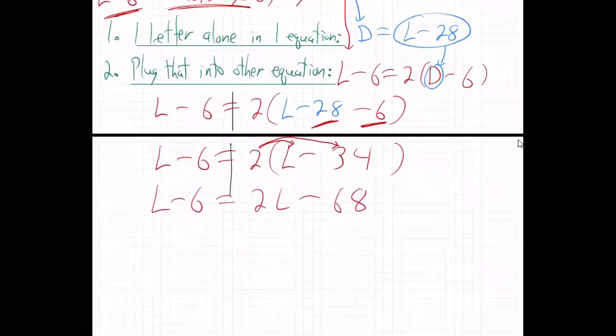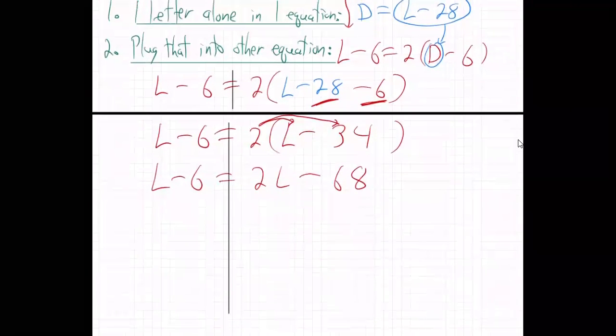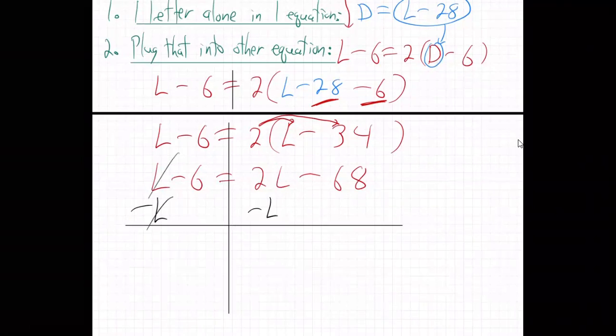So let's put in the wall of separation here. So we're trying to solve for L. Notice we have L on opposite sides of the equal sign. I don't know if you remember what to do about this. When you have L on opposite sides of the equal sign, you get rid of one of them. So I'm going to subtract L from both sides, like that. And this one's gone.